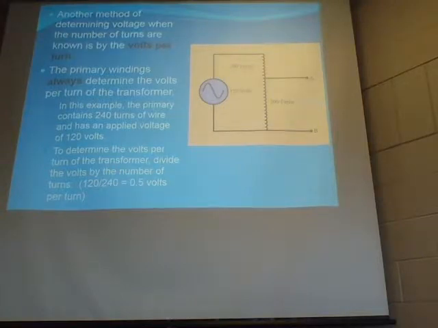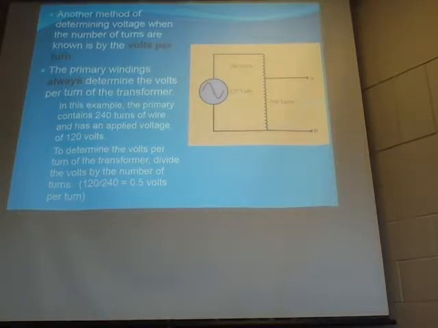Another method of determining voltage, with the number of turns known, is by the volts per turn. The primary winding always determines the volts per turn of the auto transformer. In this example, the primary contains 240 turns of wire and has an applied voltage of 120 volts.